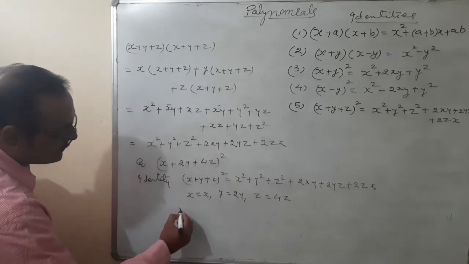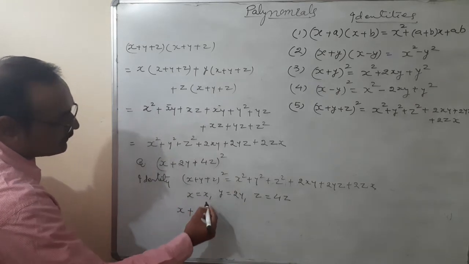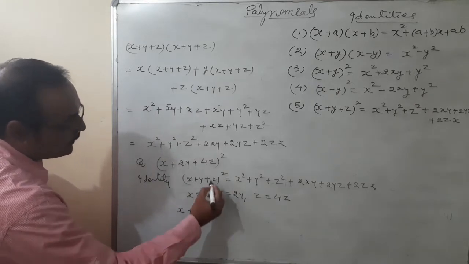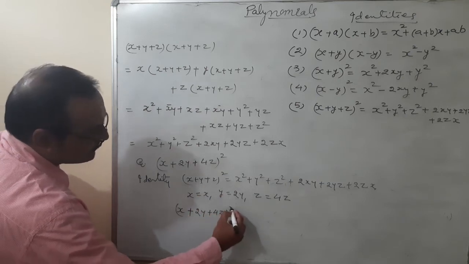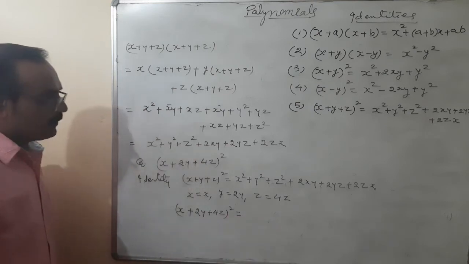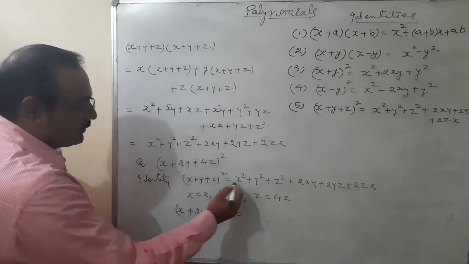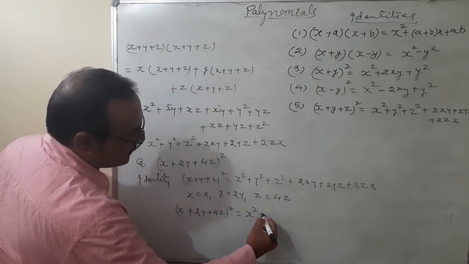x as it is, in place of y, 2y, in place of z, 4z whole square is equal to x square as it is, plus y square.